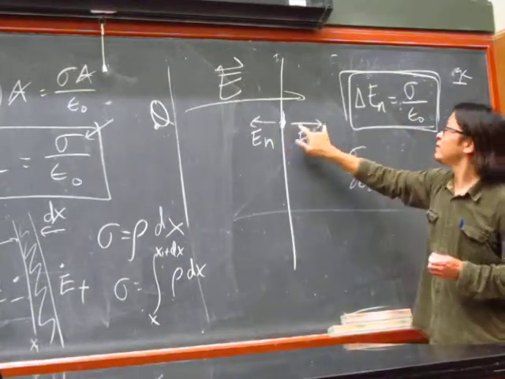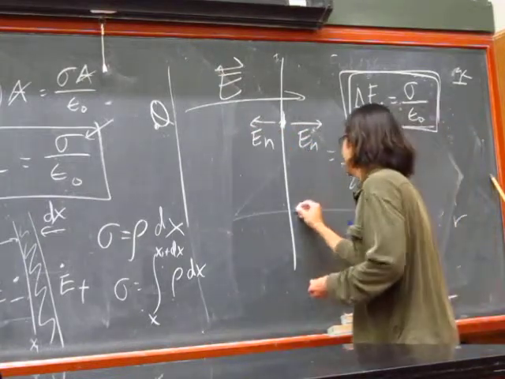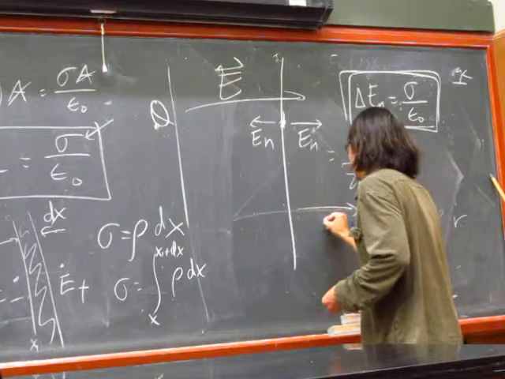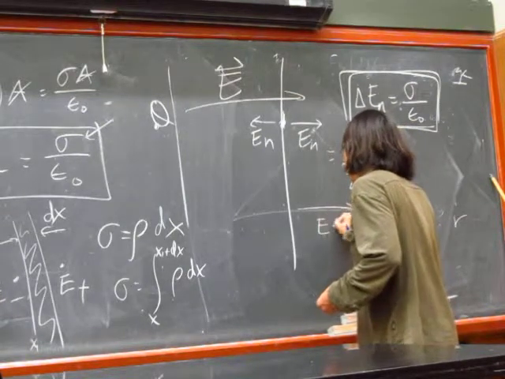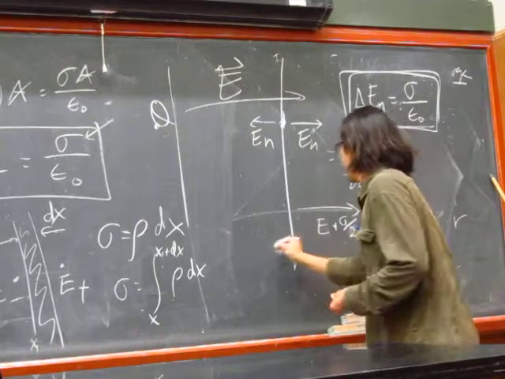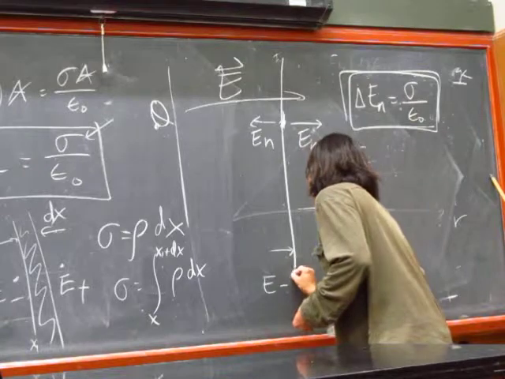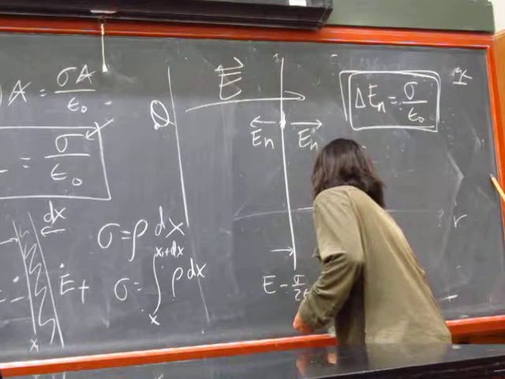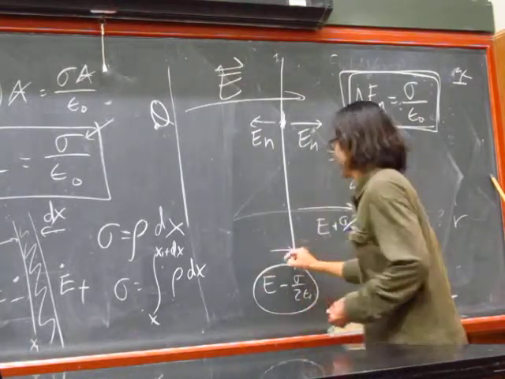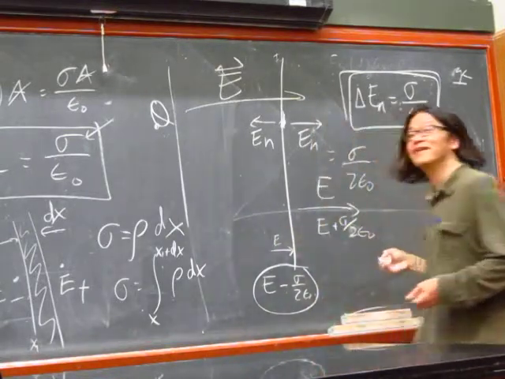And it doesn't have to be sigma over 2 epsilon naught on each side. What you could have is something like this: some number E plus sigma over 2 epsilon naught, and over here some number E minus sigma over 2 epsilon naught, right? So you have a small e here and a big E here.